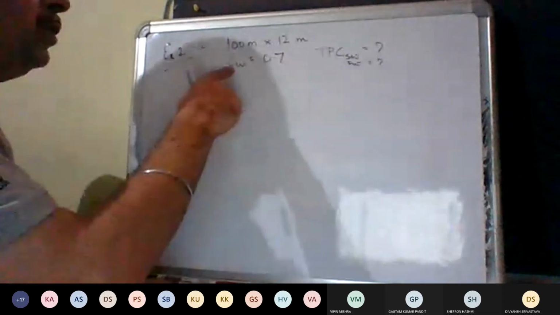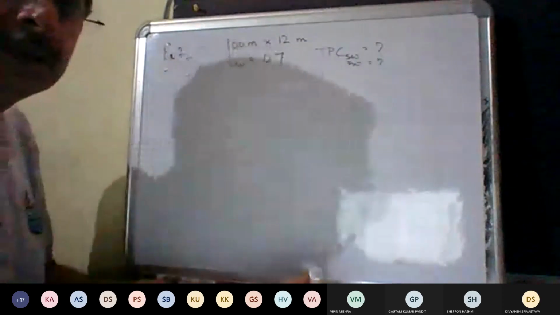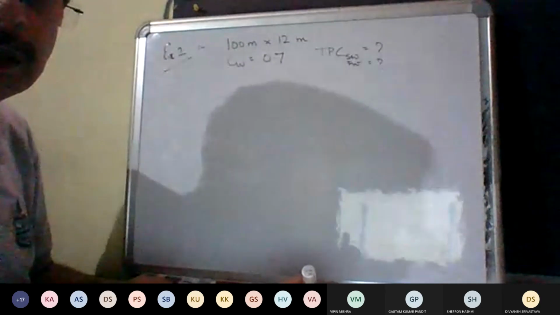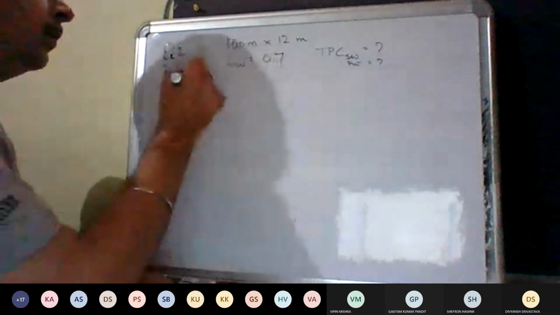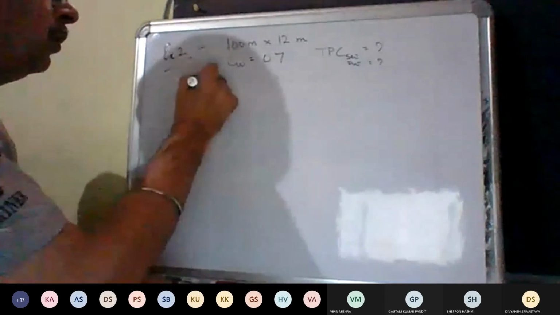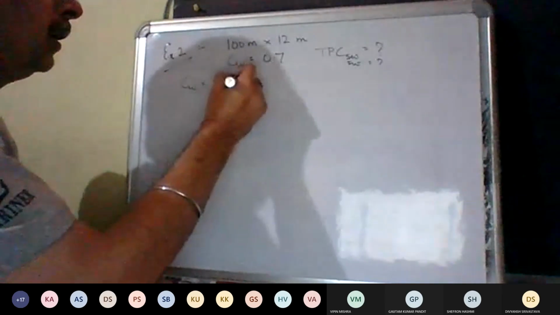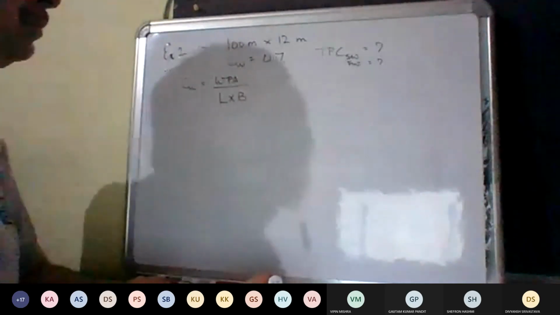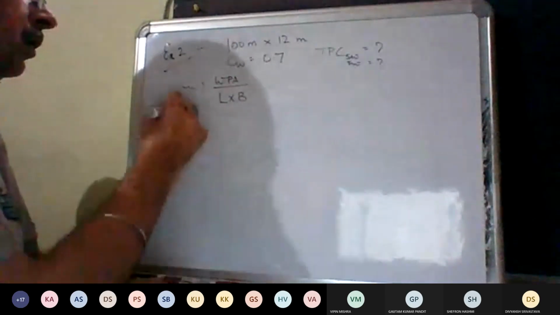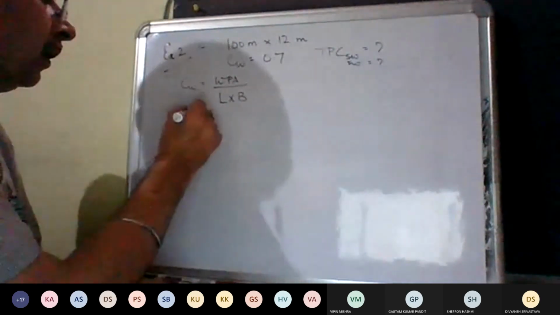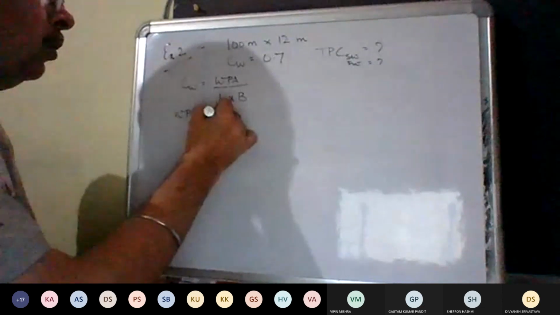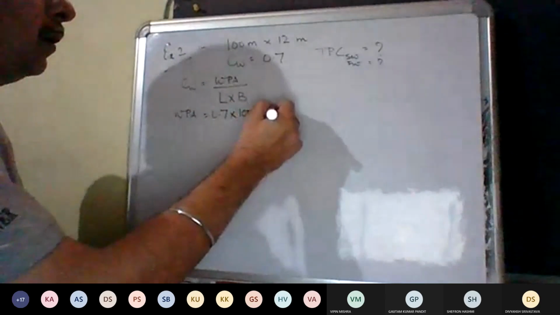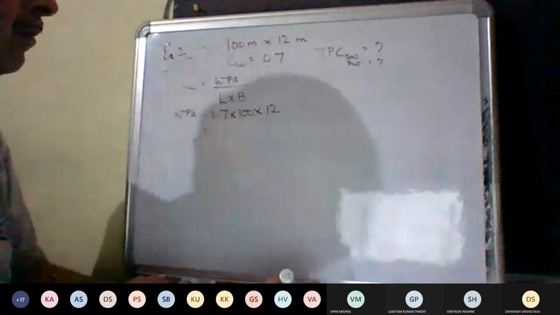So when coefficient of fineness is given, that means we are given the water plane area. CW is equal to water plane area upon length into breadth maximum. So water plane area is equal to 0.7 into 100 into 12.